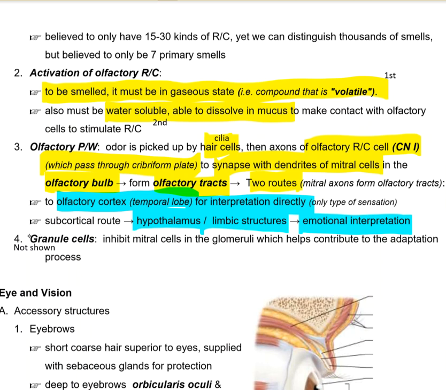So what granule cells do is they inhibit mitral cells, which helps contribute to the adaptation process. So this is where if you keep smelling something over time, you will not fire those mitral cells anymore. Your body will adapt to it and become used to it. So you don't keep having to smell that smell over and over and over.